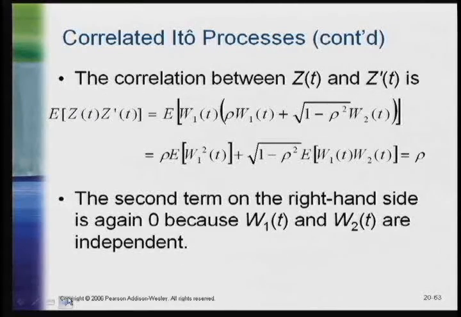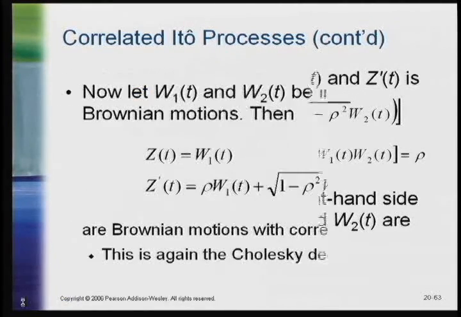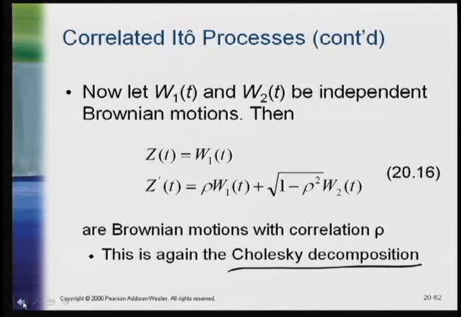You can, as we did a moment ago, again confirm that these, in fact, are normal. What we want to show is that each of Z and Z prime are both normal with a mean of 0 and a variance of t. And I'll leave that as an exercise.